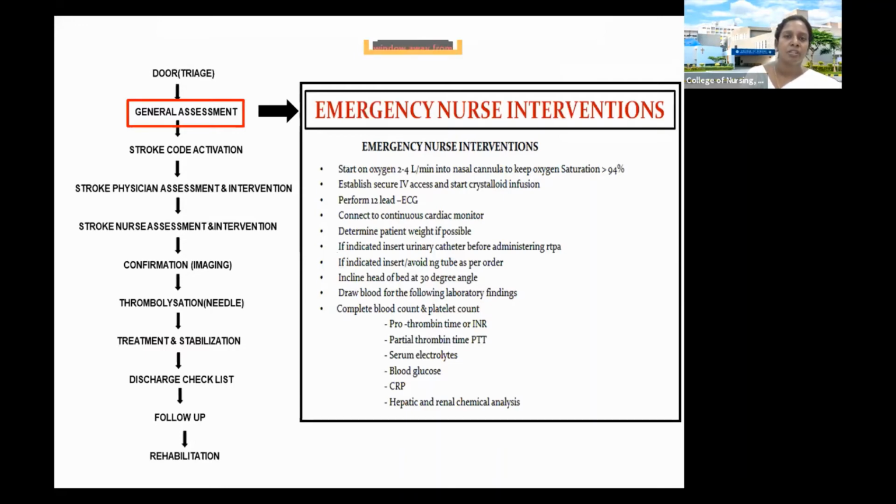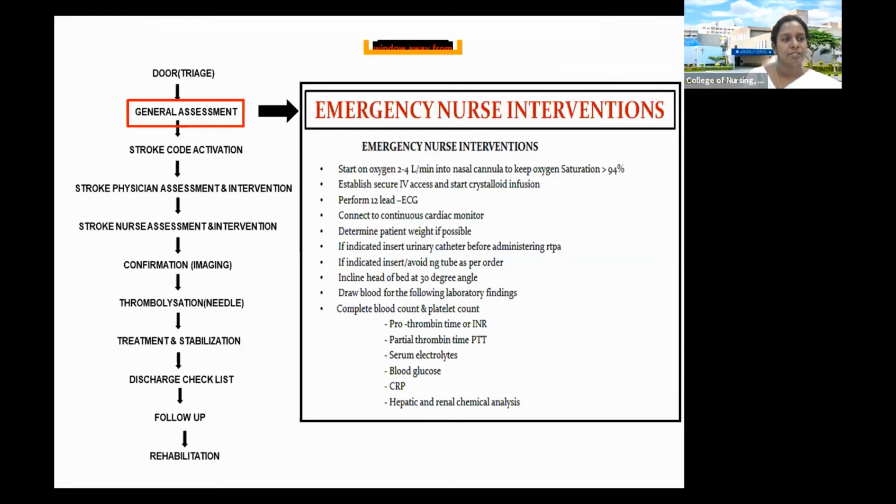If they are saturating more than 94, then we don't have to give supplemental oxygen. Start IV line. Generally for all patients, an IV line is started in the casualty. Just give normal saline. Do not give dextrose related solutions, because dextrose can cause or worsen the edema.